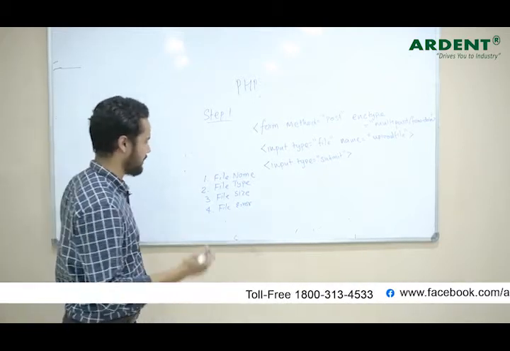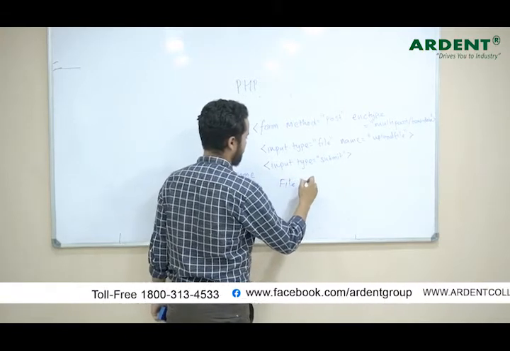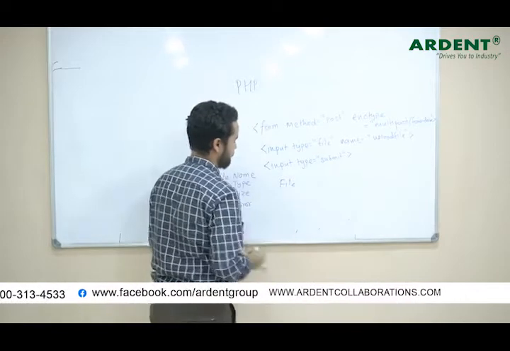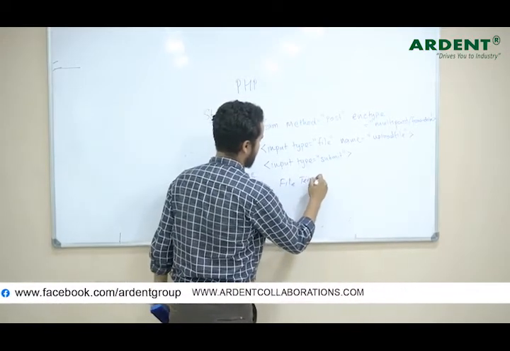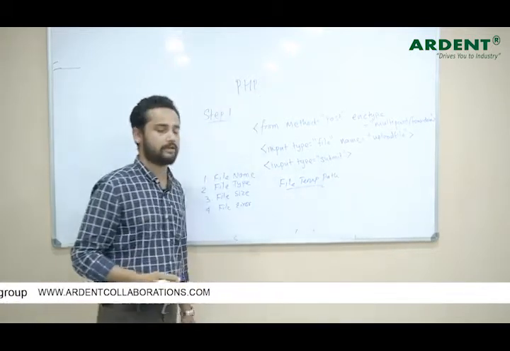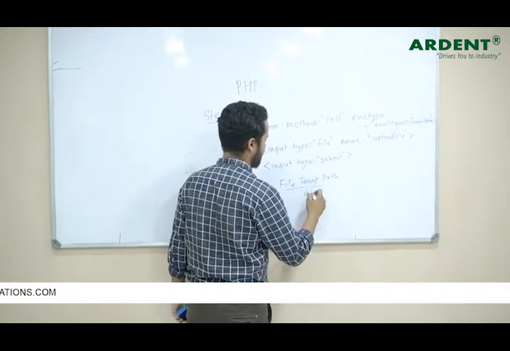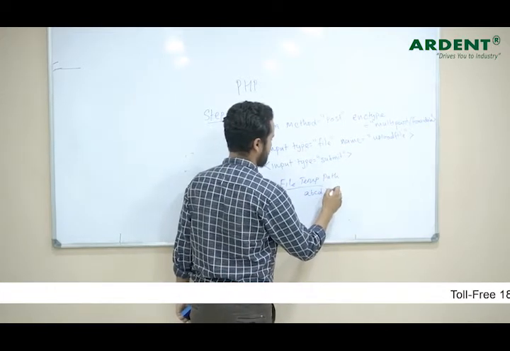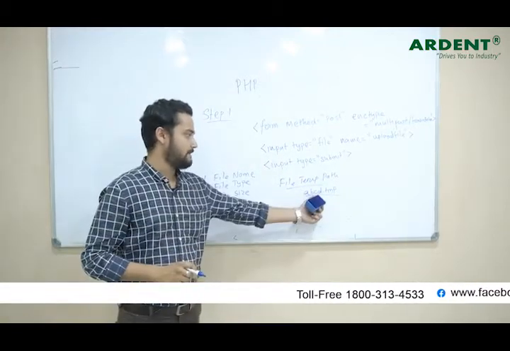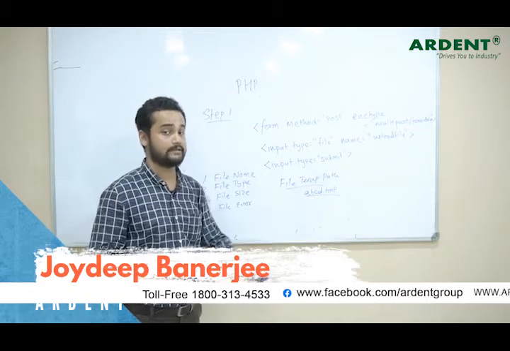Now, one more thing we need is the file temp path. Remember we were talking about a TMP file a while ago, that we can name it any name we can give, TMP. So this temporary file is the file which we are going to move to our server directory. That is the destination path.